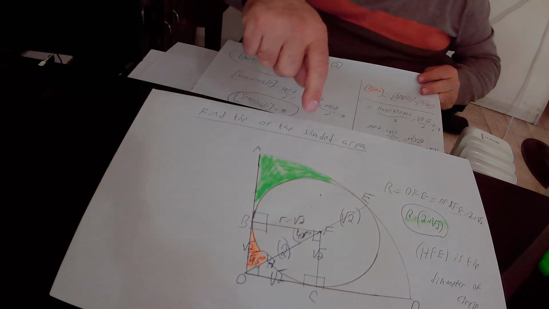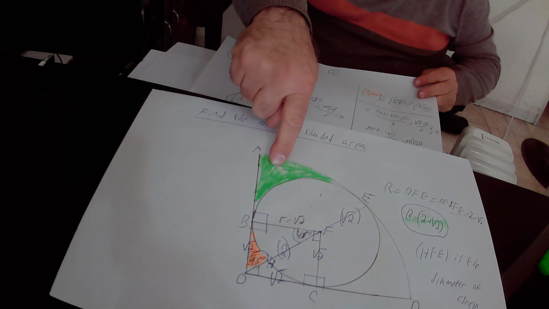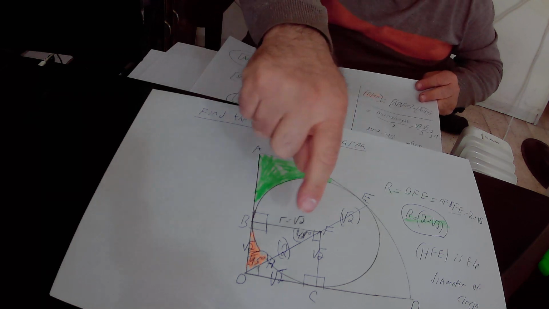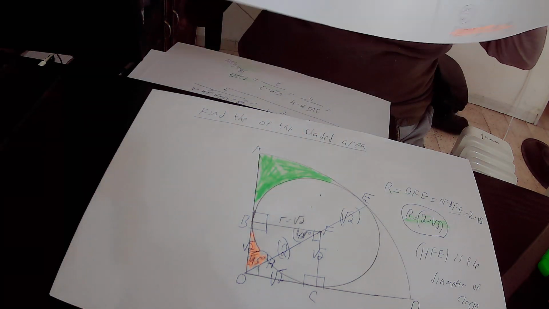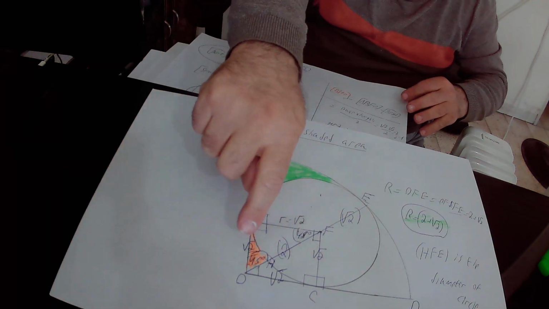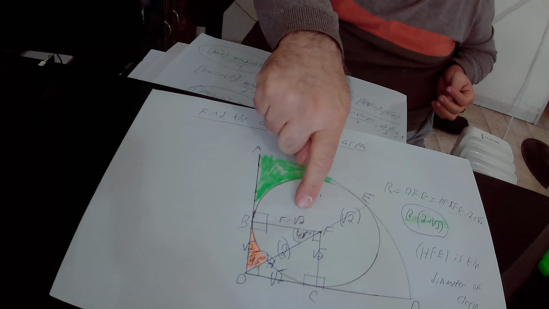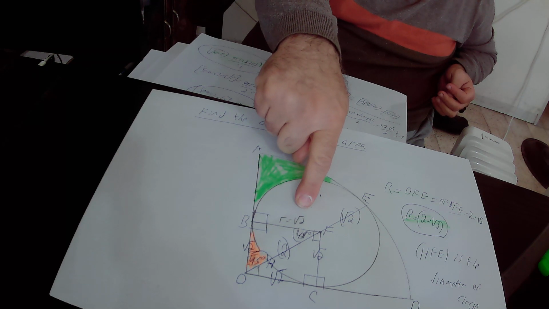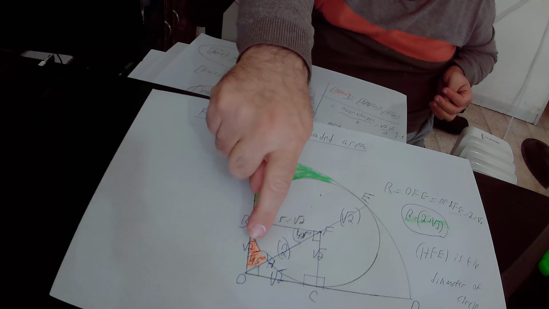Again, the area of this green shape equals the area of sector AOE, which is equal to this expression, and we have to subtract from the area of sector AOE the area of this semicircle, and we also have to subtract the area of this orange shape BHO.